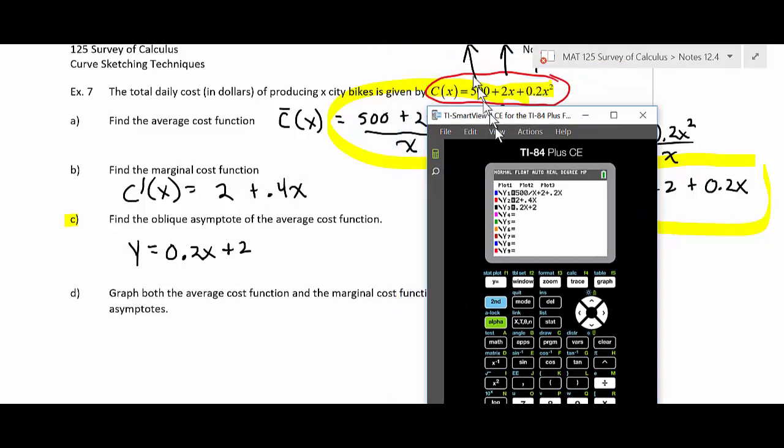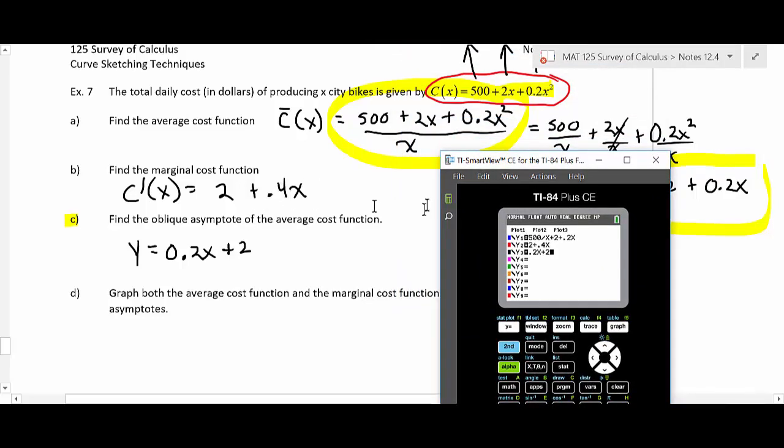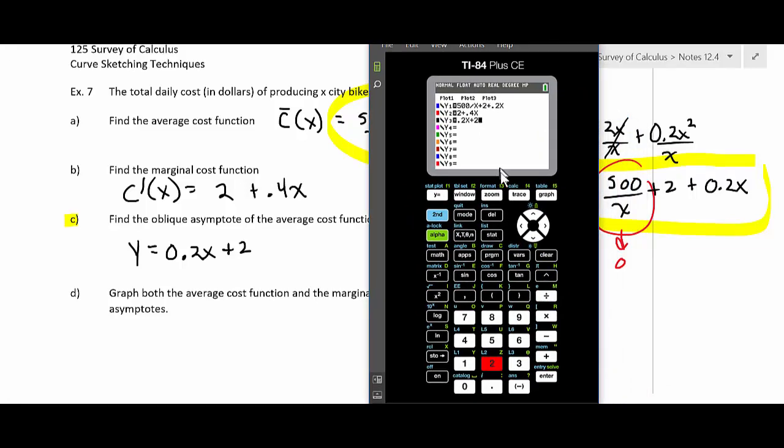As far as a window, I didn't really give you anything to graph this by. Let's start with just a zoom 6, a standard window, but there's a couple of things we're going to need to adjust. You'll have your function, and I'm not even seeing it. I think the function's missing on that one.